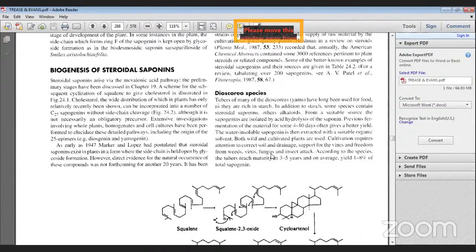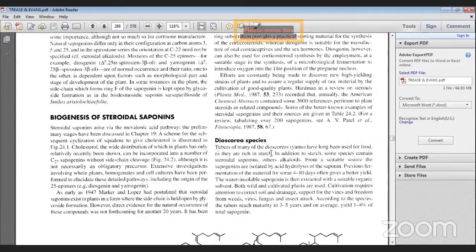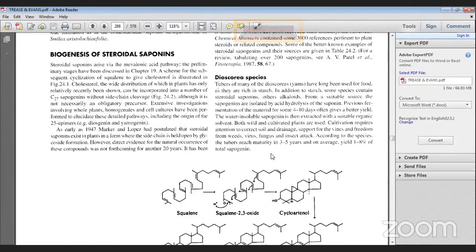One more point: the biogenesis of steroidal saponins is mainly through the mevalonic acid pathway.